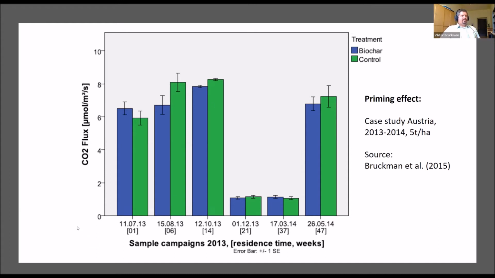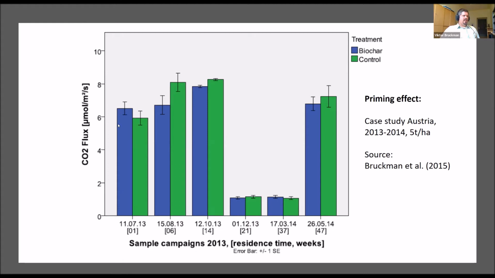Carbon flux. We, of course, then looked at what is happening with the carbon, the soil respiration. This is from the case study in Austria, where we see an initial stronger flux from these biochar sites, but then it remains more or less the same. You have to look at the relative difference, not the absolute values, because here it's winter time and of course the flux is lower.